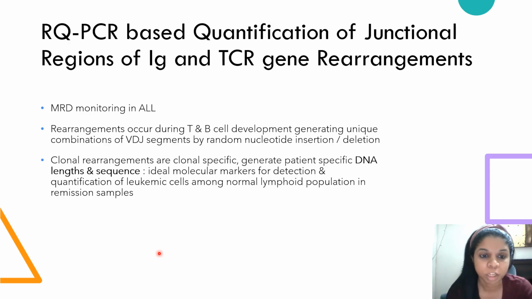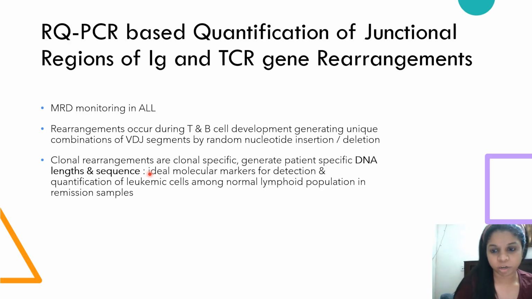Okay, because this combination will be seen only in one type of patient, but still cross contamination should be avoided in any case. So this recombination will be seen in leukemic cells only, and it won't be seen in the normal lymphoid population.